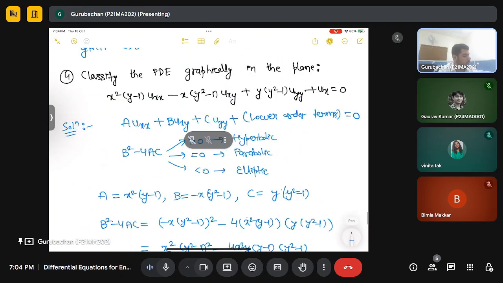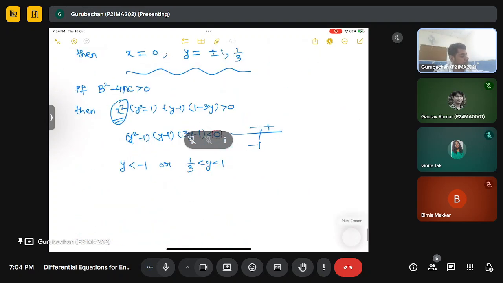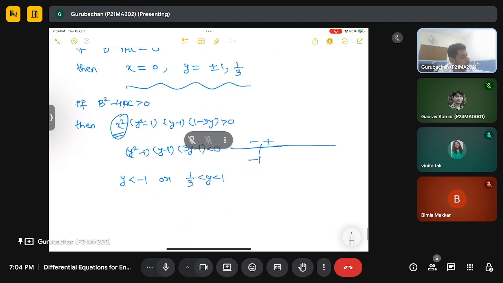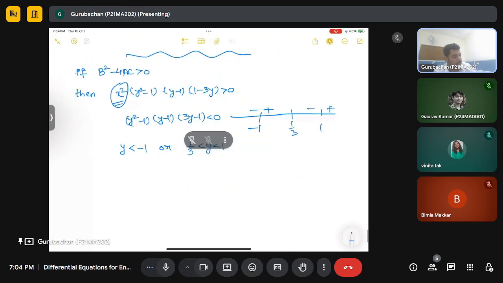This is x square, so we are assuming that x should be non-zero here. And if it is negative, then we need to consider the positive interval, that is between -1 to 1 by 3, or y greater than 1.